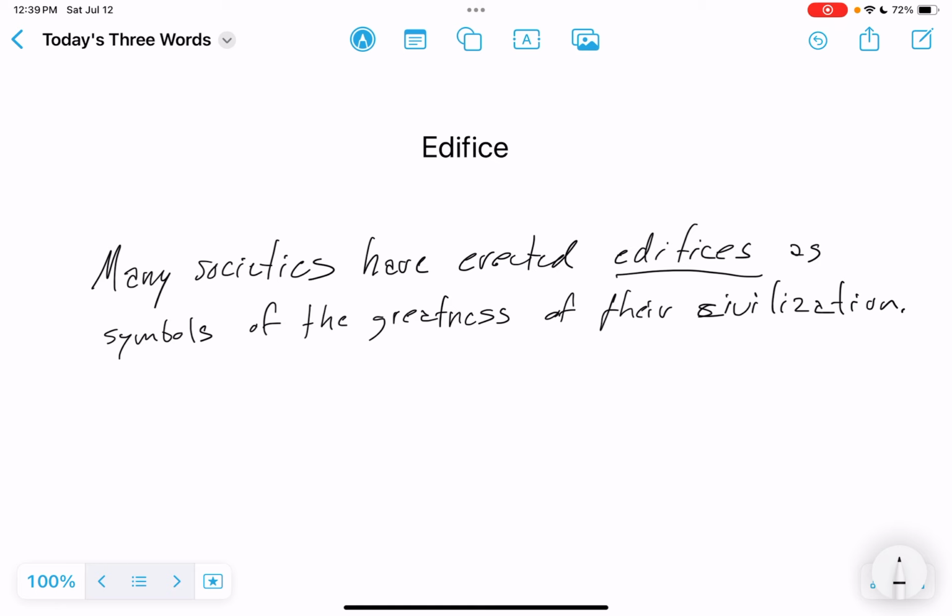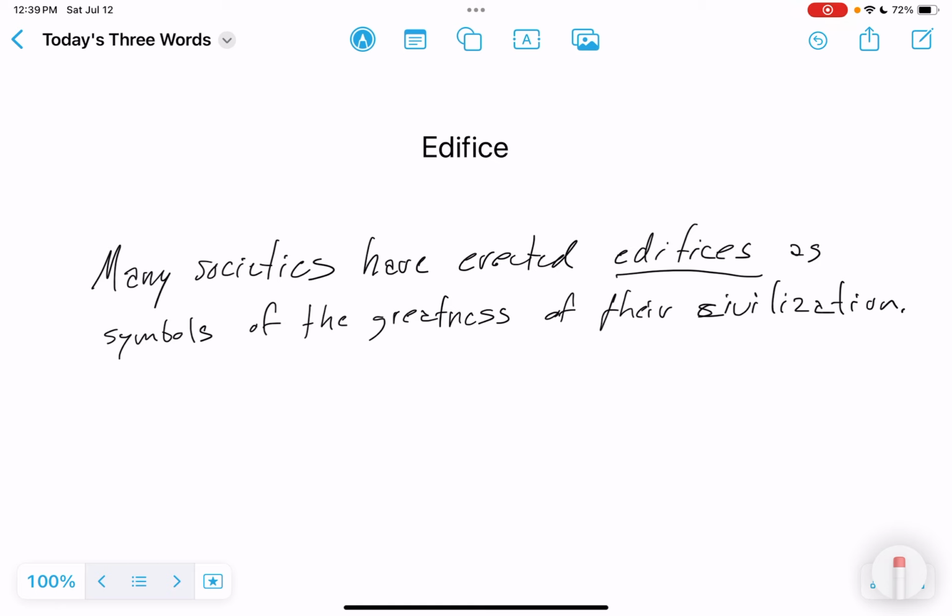Or if you're in Rome, all of the ancient ruins, all those structures, the height of that civilization. They've erected these edifices, these grand or massive structures.